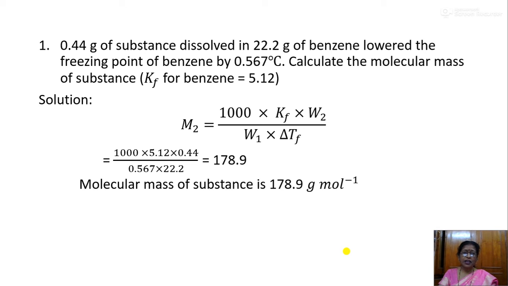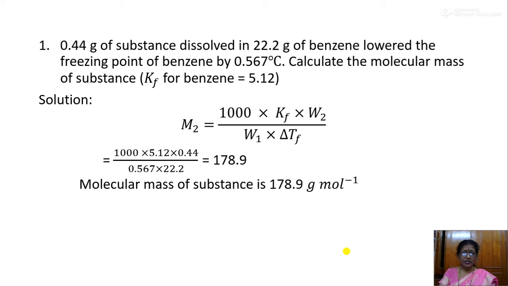Now, 1000 times the Kf value they have given. You substitute that value, 5.12, times W2, the weight of the substance, that is the solute, 0.44, over W1, the weight of the solvent, 22.2, times ΔTf, which they have given, 0.567.